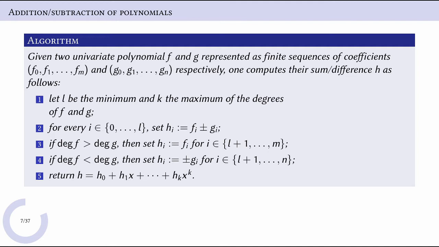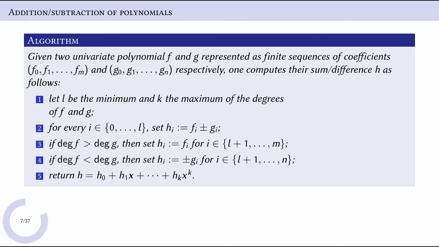So we take the minimum and maximum of the degrees of the two polynomials, and then we have a for loop, a definite loop starting from 0 up to the minimum, and we either add or subtract the corresponding coefficients of the two polynomials, and once we reach the minimum, then between minimum and maximum we just rewrite the tail of one of the polynomials.